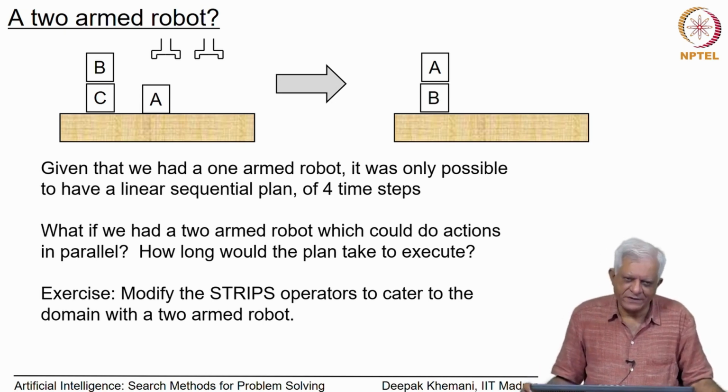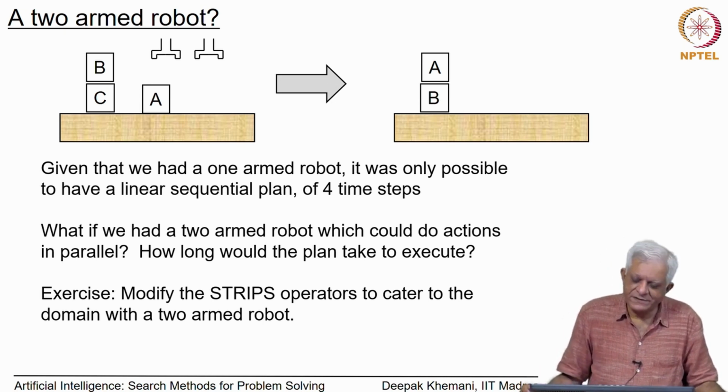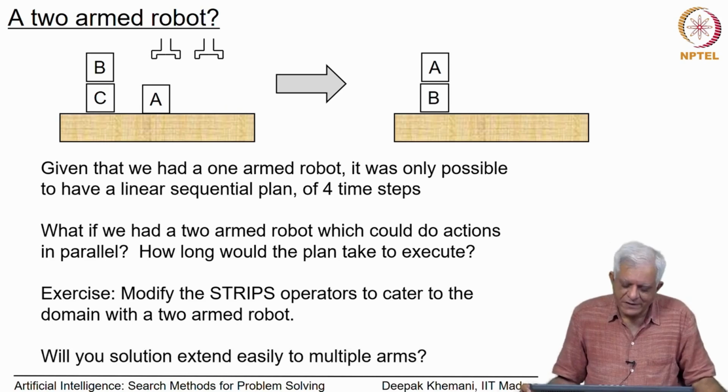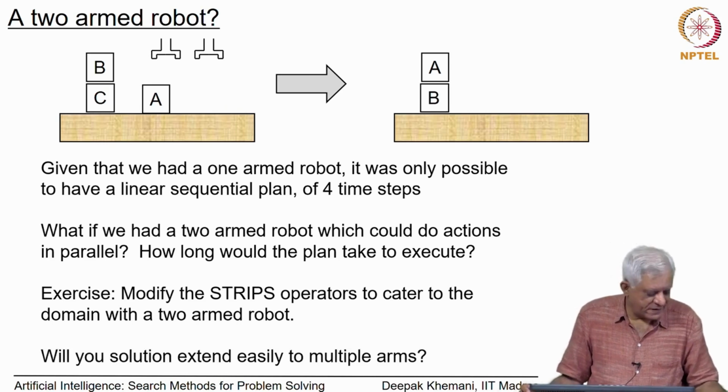I will give you one suggestion now, but hopefully you will look for better suggestions and come back before the next lecture. In particular, what I would like to ask is, does your solution extend to multiple arms?